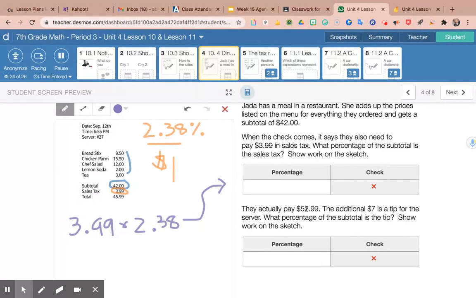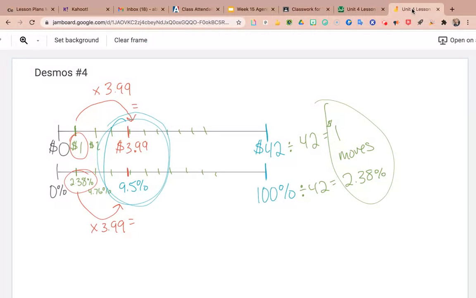And it says they actually paid $52.99. So they added an additional $7 tip. What percentage of the subtotal is the tip? So if we go back here, I'll put it in black. So now I want to know if I have $7. Let's say this is $7. What percent is that?